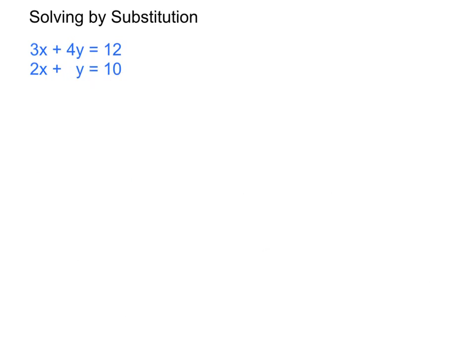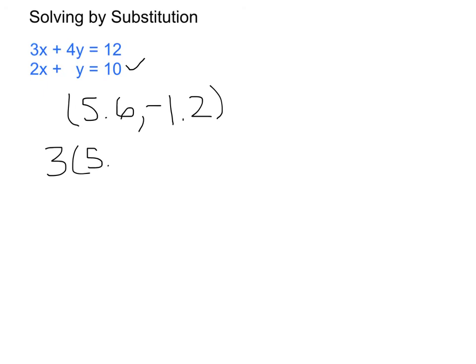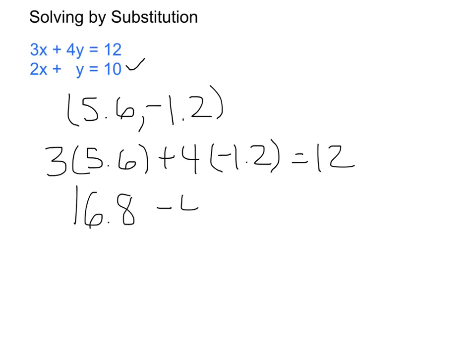We used the second equation to find our value, so we're going to have to check our answer, 5.6, negative 1.2, in the first equation to make sure that it is also true for 3x plus 4y equals 12. 16.8 minus 4.8 equals 12. This is also true.